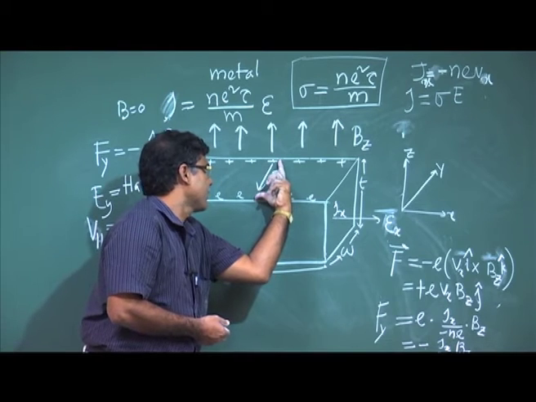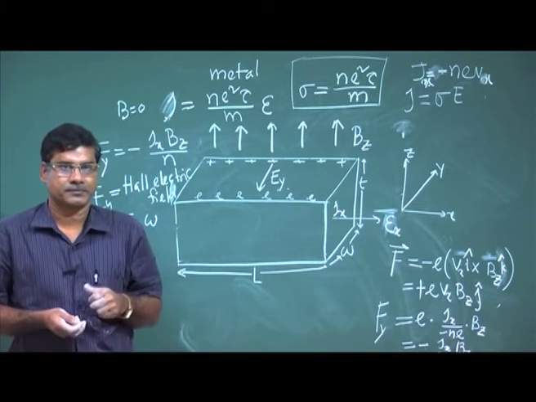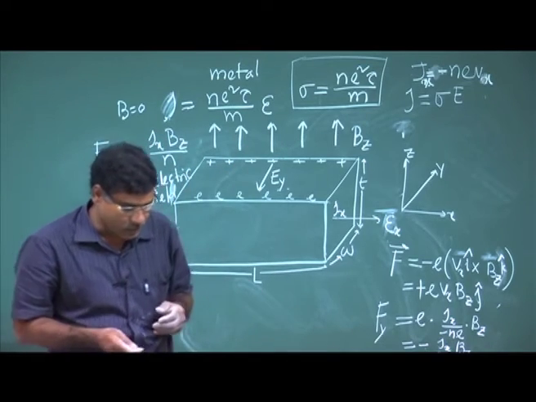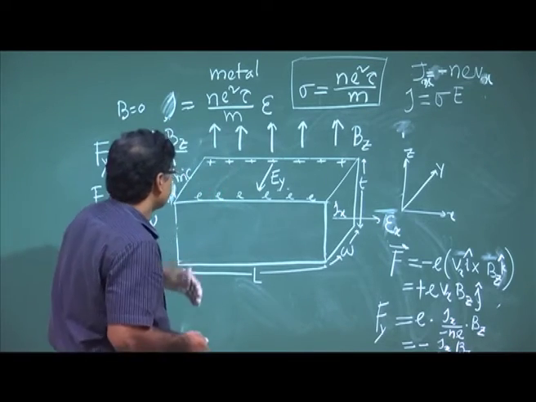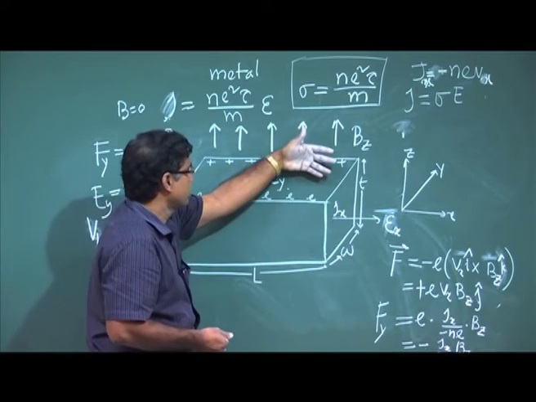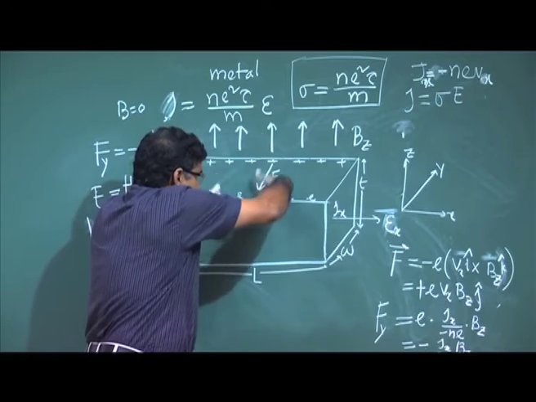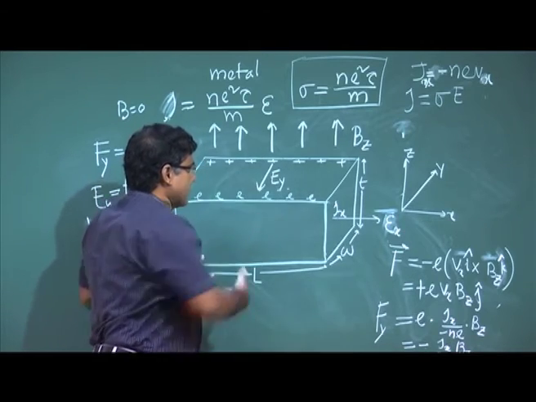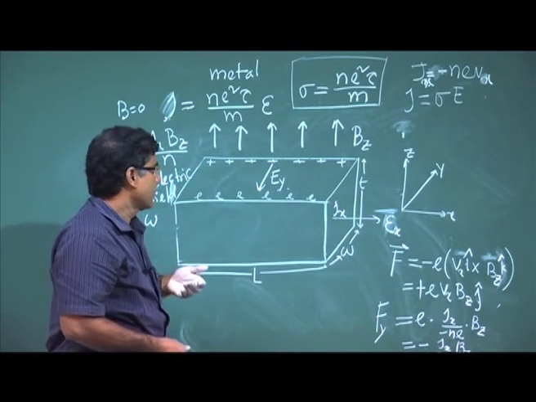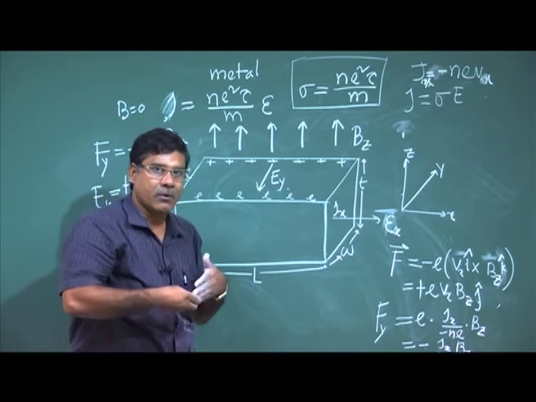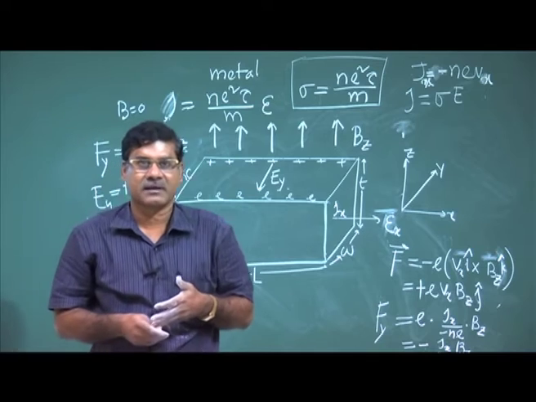Because of this electric field, if this electric field does not form, what will happen? Because of this magnetic field, all charge will try to move in this direction, negative y direction, but all the time it does not happen.